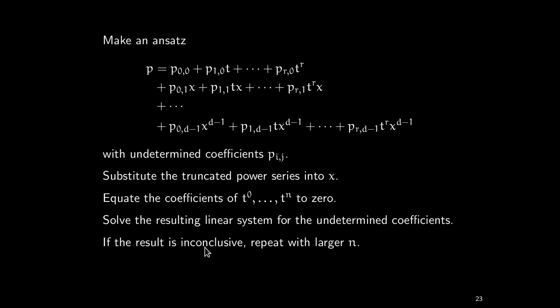That would be the third case, and this is what I mean here by inconclusive. Then you don't know if there is a factor or not. And what this means is that your n was not large enough. And then you just repeat the computation with a larger n, and if you have the n large enough, then eventually you will not be in the third case, you will be either in the first or in the second, and then you have solved the problem.